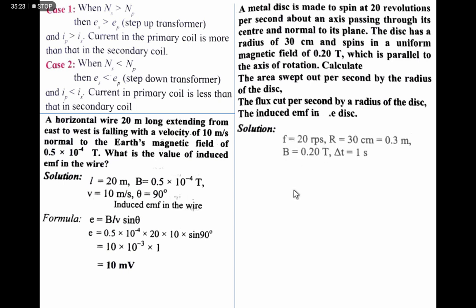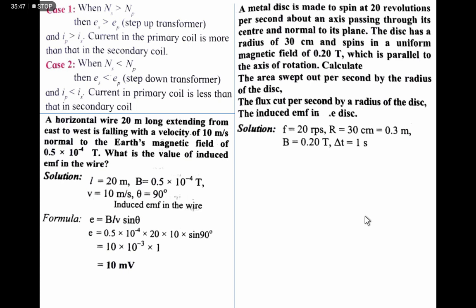So the frequency is given as 20 revolutions per second, and the radius is given in centimeter. We have to convert it to meters: 30 into 10 to the power minus 2, so we write 0.3 meters, and B is 0.20 Tesla.